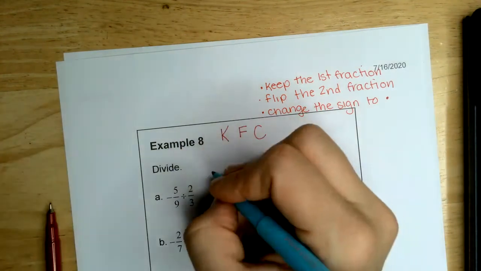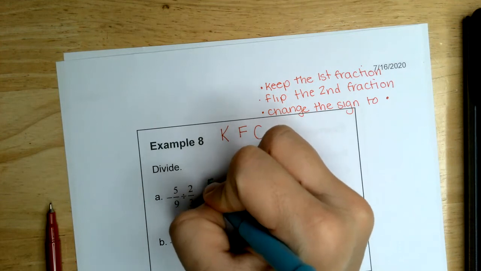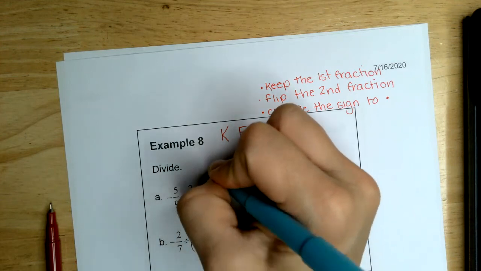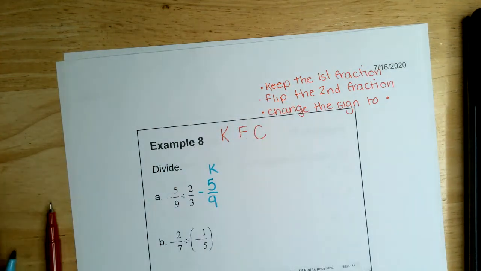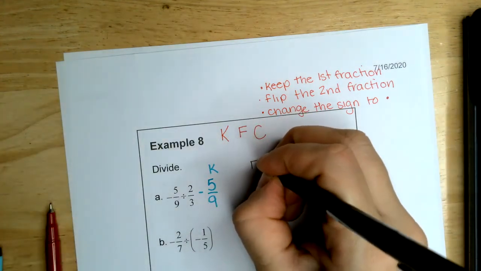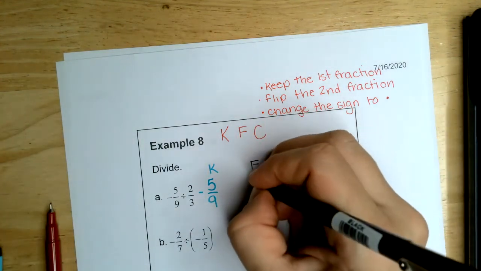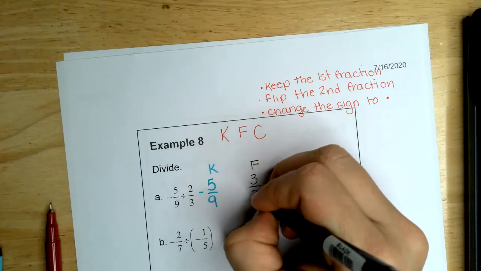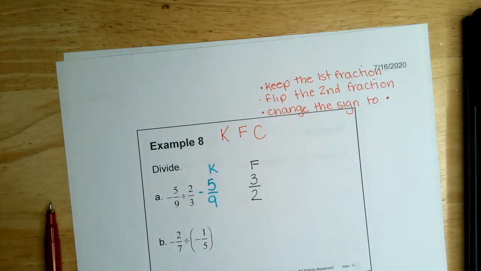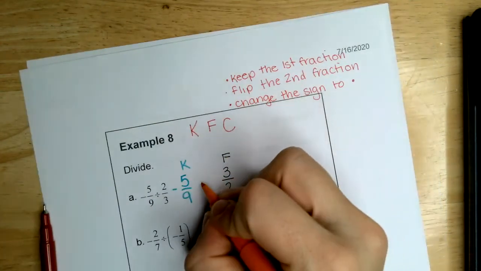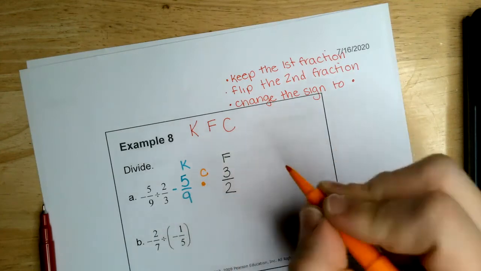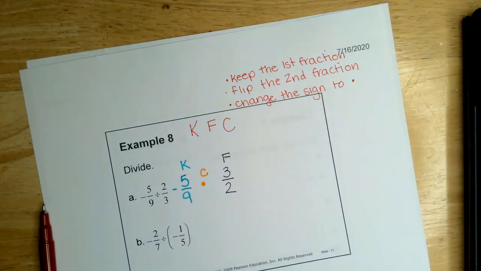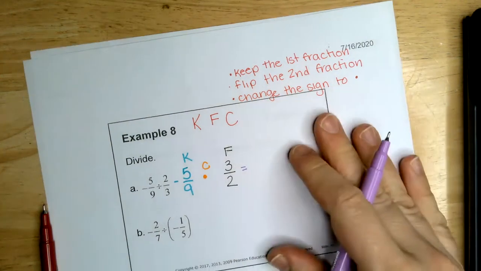Let's practice. So we'll K negative 5/9. We'll F 2/3. So it becomes 3/2. And then we will change the division to a multiplication symbol and see what we get. Now we can just go straight across.